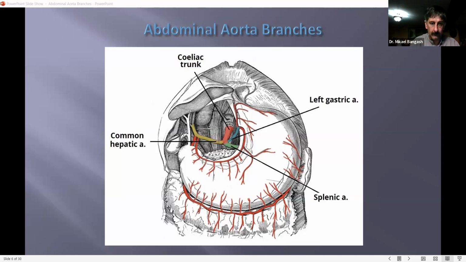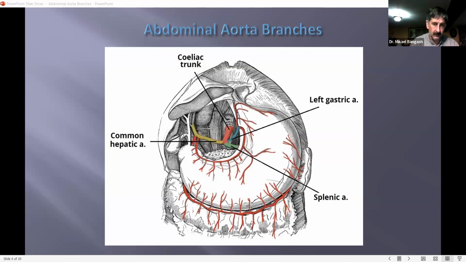Now, if you look here, the common hepatic artery. One branch that the common hepatic artery gave off was the right gastric artery. That's going to anastomose with your left gastric artery along the lesser curvature.